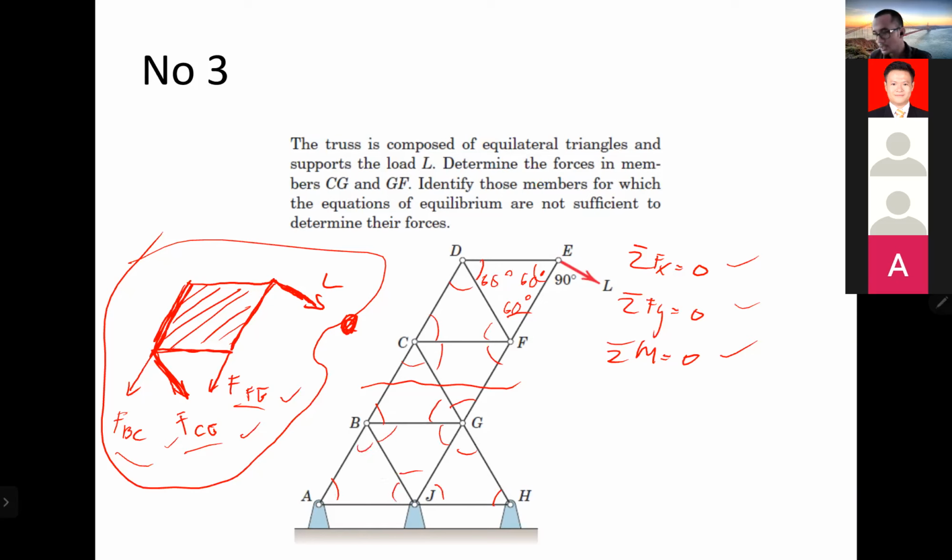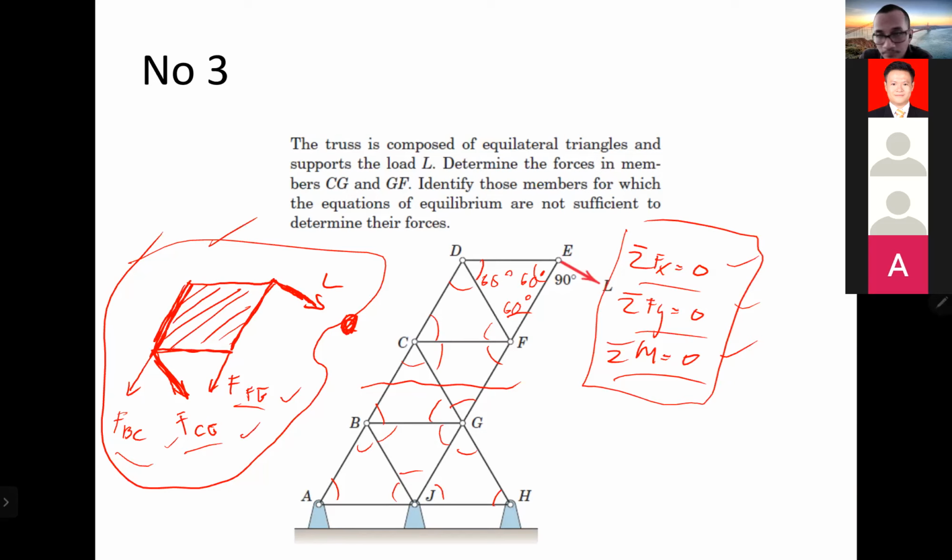Okay, so then if you want to calculate, where are we supposed to start using these three equations? We have to use these equations to solve for this particular free body diagram.